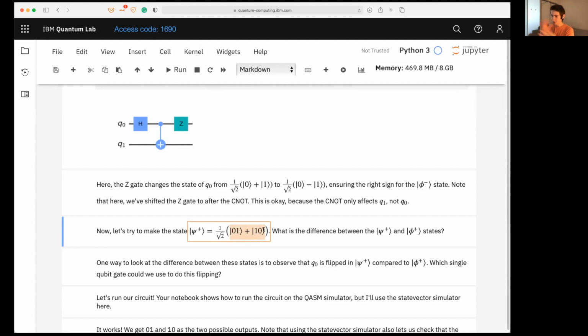In addition, you can swap things, it doesn't matter. So indeed, psi plus can be created by swapping either the first qubit or the second qubit with an X gate. Because we are Alice in this scenario, we are going to apply the X gate to the first qubit, qubit 0, the one that's with Alice.